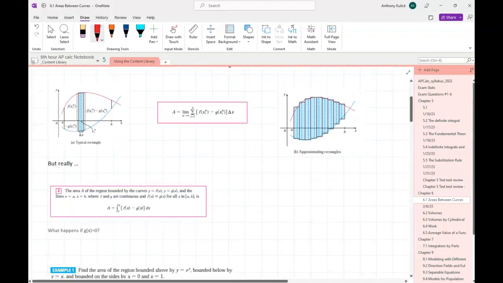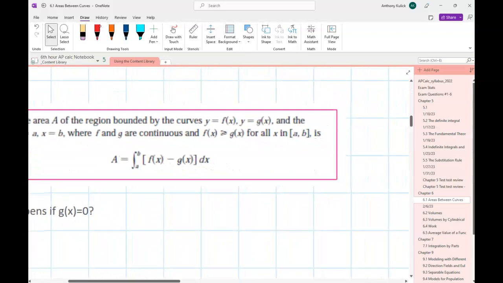So this we can then turn into our formula for integration. It's the integral from a to b, where a and b are the intersections of the two functions, more than likely.